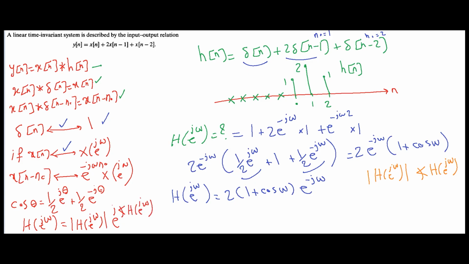Comparing this expression with the frequency response we obtained, we immediately identify the magnitude and phase. The magnitude response is 2 times (1 plus cosine omega). The phase response is simply negative omega.